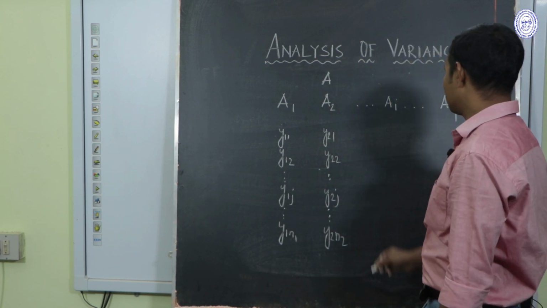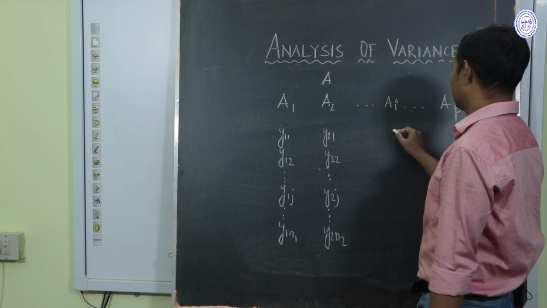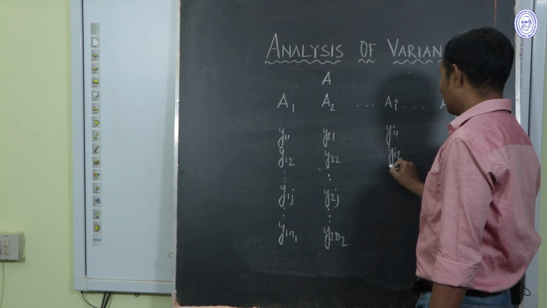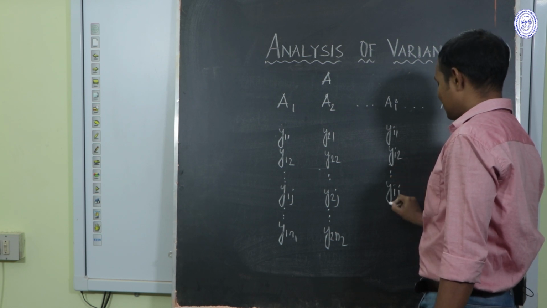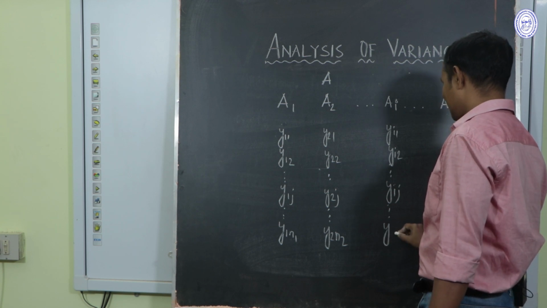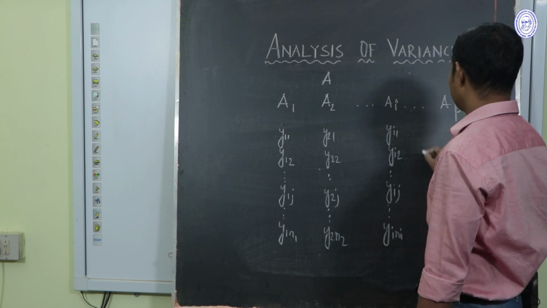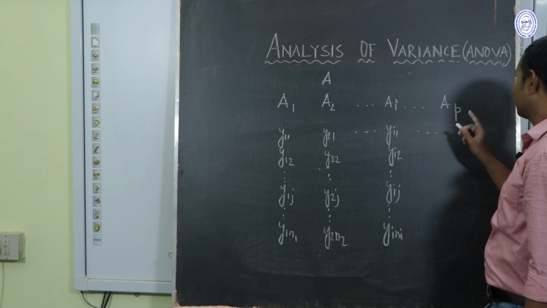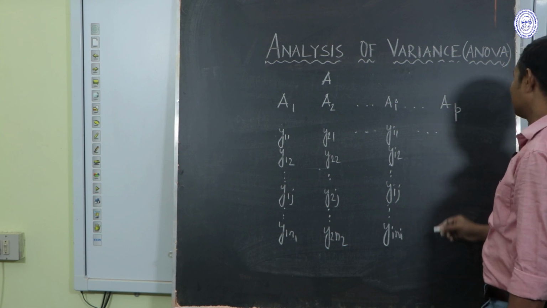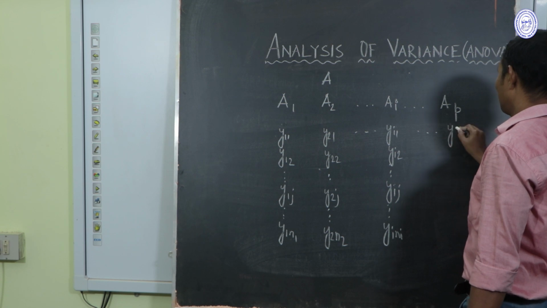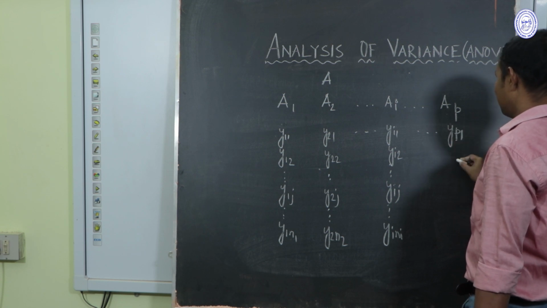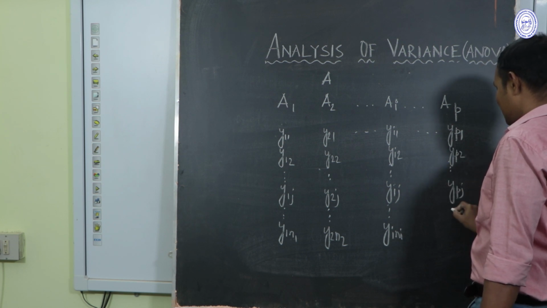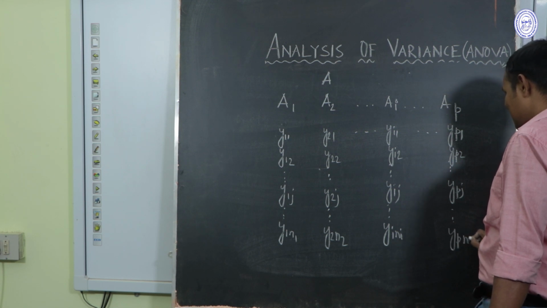Similarly, the observations corresponding to the ith class are Yi1, Yi2 dot dot dot Yij dot dot dot Yini. Similarly, the observations corresponding to the pth class are Yp1, Yp2, Ypj dot dot dot Ypnp.